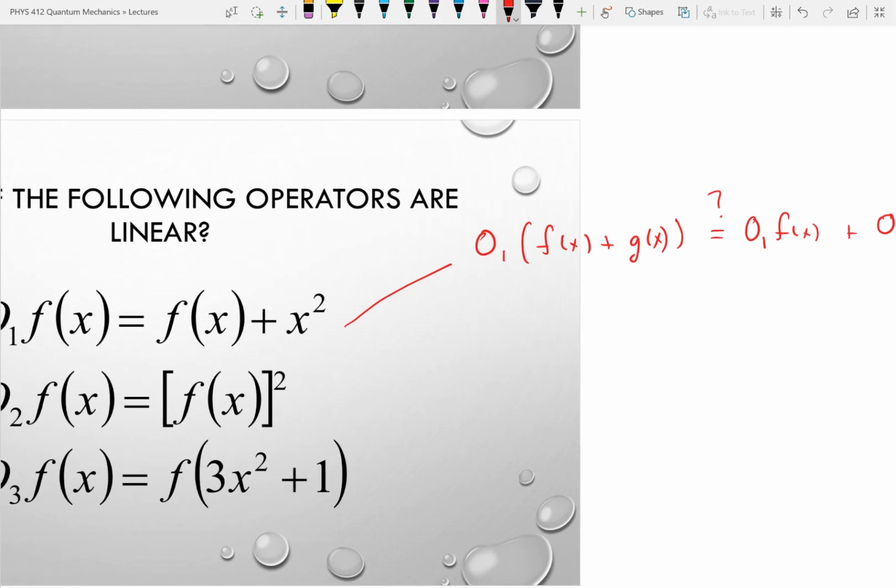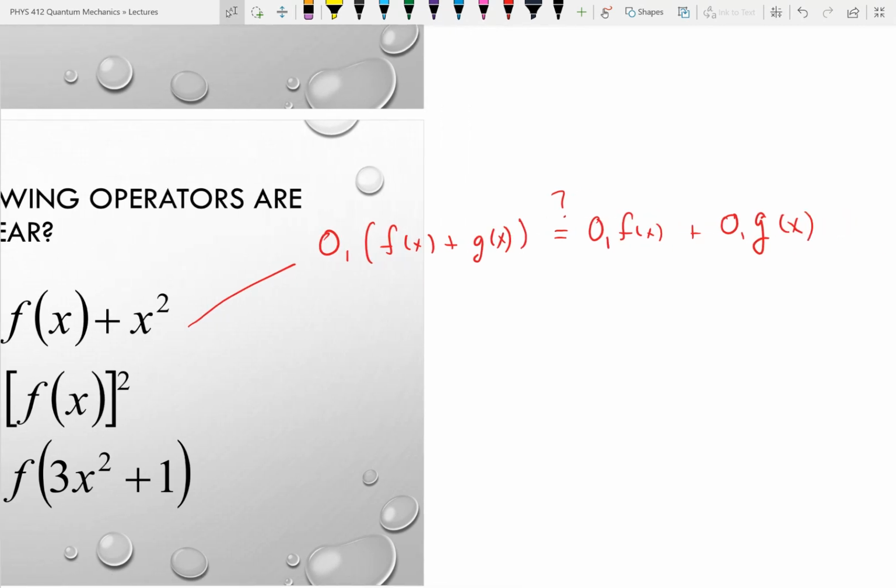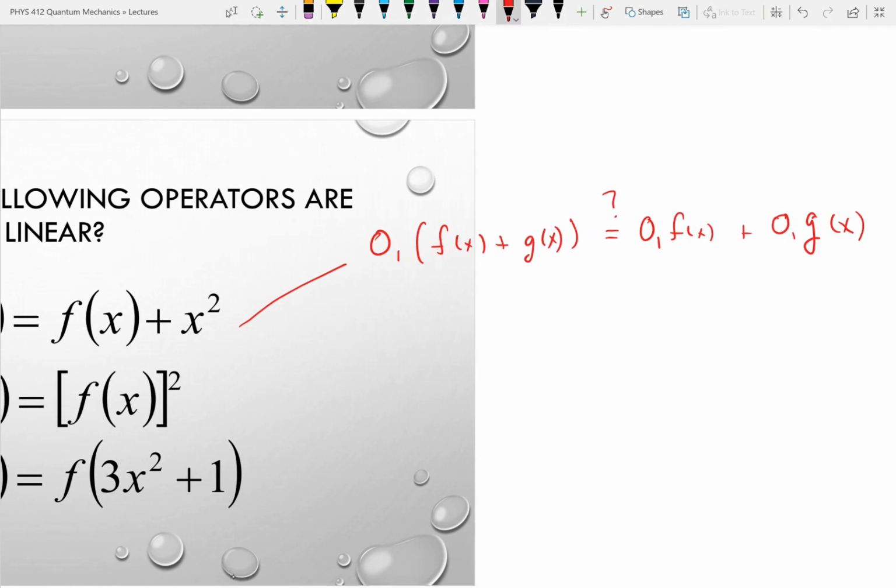So let me have Indy verbally lead me through this first check. What do I have on the left? Okay, the left side is really simple. What do I have on the left side when I do this calculation? So you have the operator multiplied by the addition of f of x and g of x. That's very true of what I wrote. I should have been more specific.